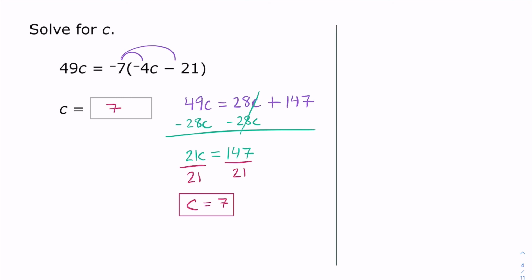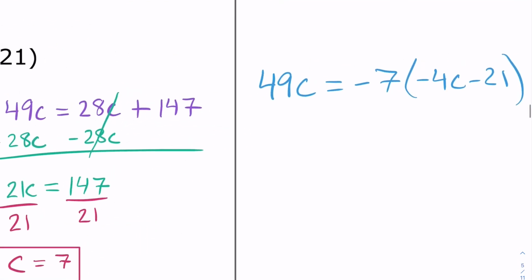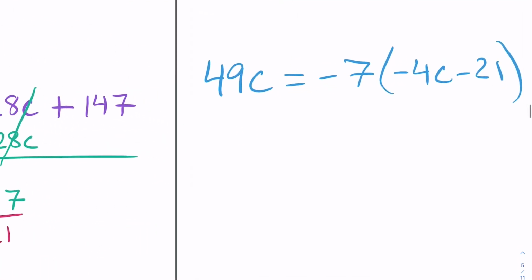Let me rewrite this as 49c equals -7 parenthesis -4c minus 21. All I'm doing is rewriting the same problem. And what I could have chosen to do is divide both sides by -7.